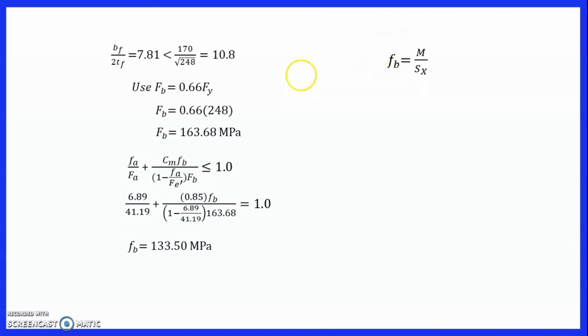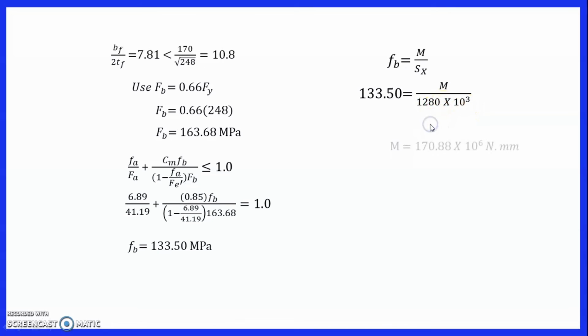So this is the formula for moment capacity. F sub B is equal to the bending moment over the section modulus X. So we have 133.50 is equal to the bending moment over 1280 times 10 to the power of 3.